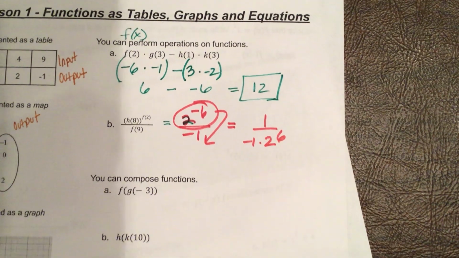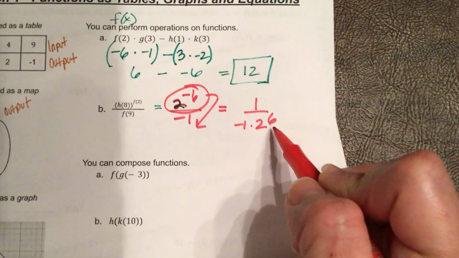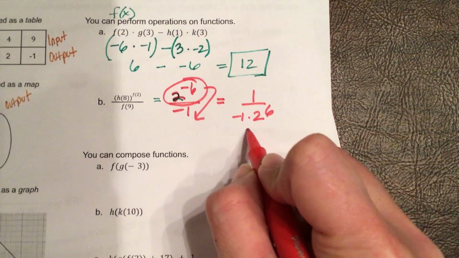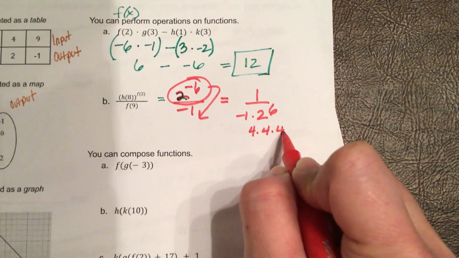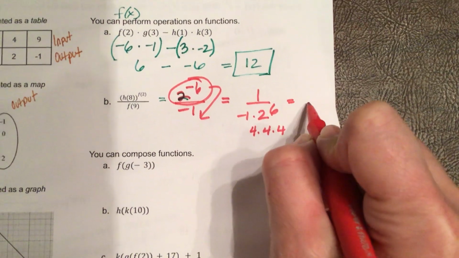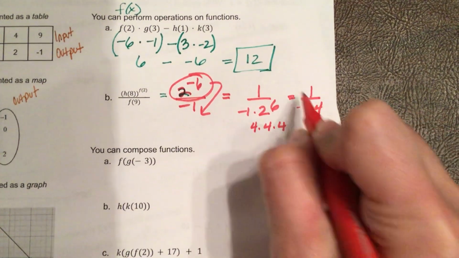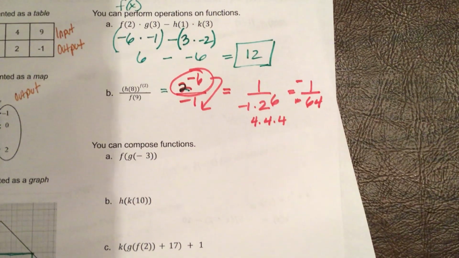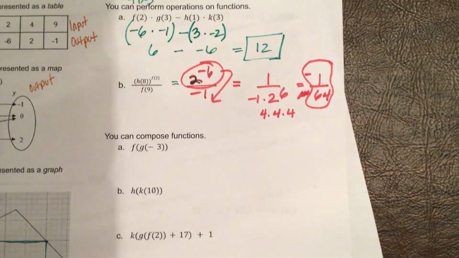So that becomes 1 over -1 times 2 to the 6th. And 2 to the 6th is 2 times 2, 2 times 2, 2 times 2, so that's 64. So this becomes -64 on the bottom. And whether you write the negative here or up here, it doesn't really matter. But anyway, my answer is -1 over 64.